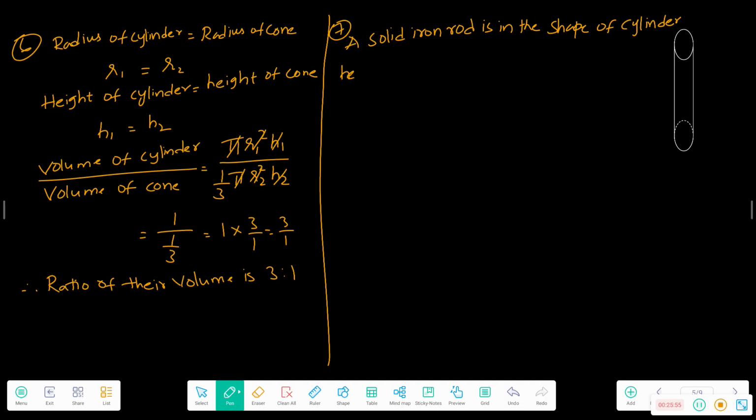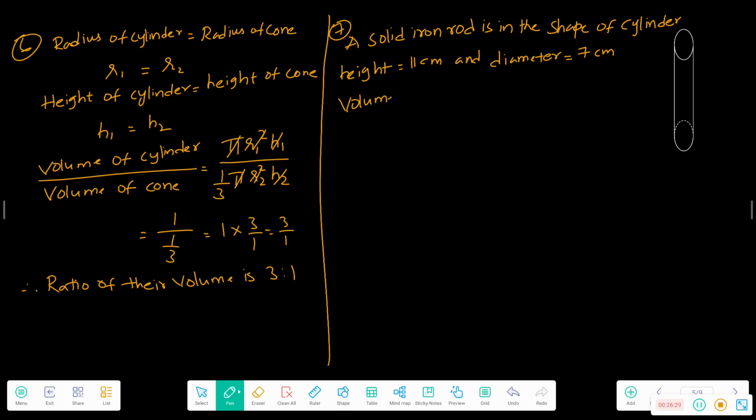So height is given as 11 centimeter and diameter is given as 7 centimeter. Now they asked to find the volume of a cylinder.